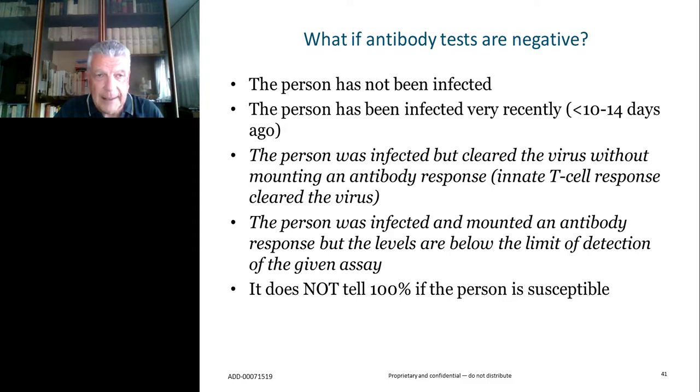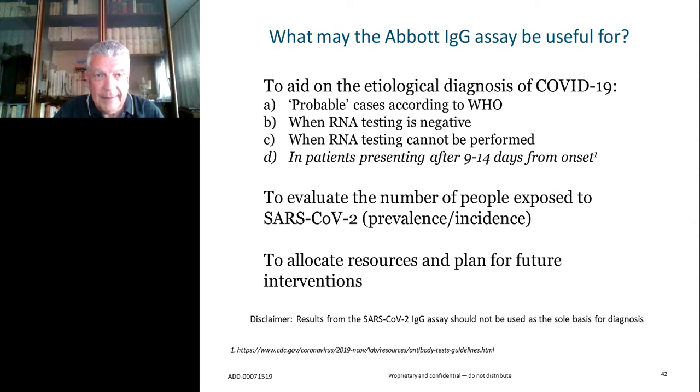So this is the limitation. And if you wish to conclude, it does not tell 100% that the person is susceptible. So even by the best possible assay for antibodies to SARS-CoV-2, the negative predictive value will never be 100%. But nevertheless, there is utility in testing for antibodies.